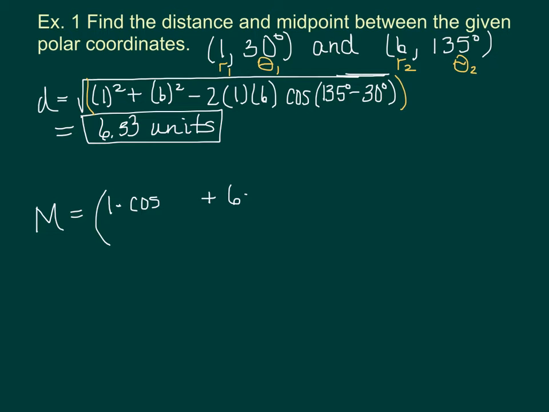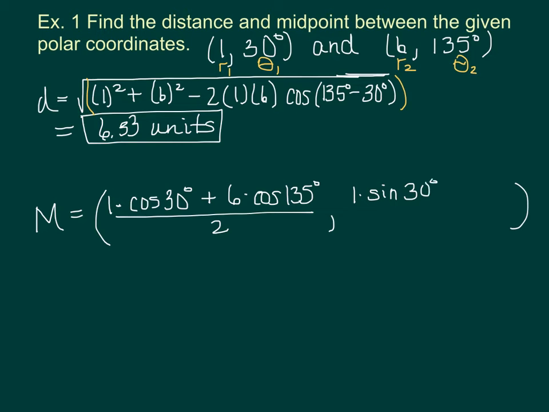Let's try this again. r1 times cosine of theta 1 plus r2 times cosine of theta 2. And when you get that answer, you're going to divide by 2. And then to get the y-coordinate, you're going to do r1 times sine theta 1 plus r2 times sine of theta 2, which is 135. You get that answer, you're going to divide by 2.